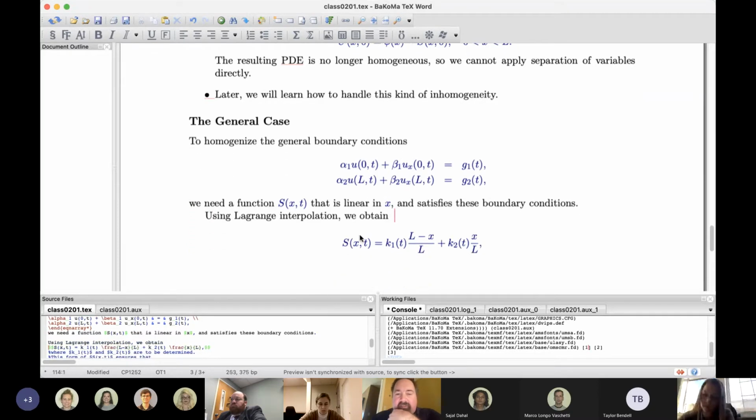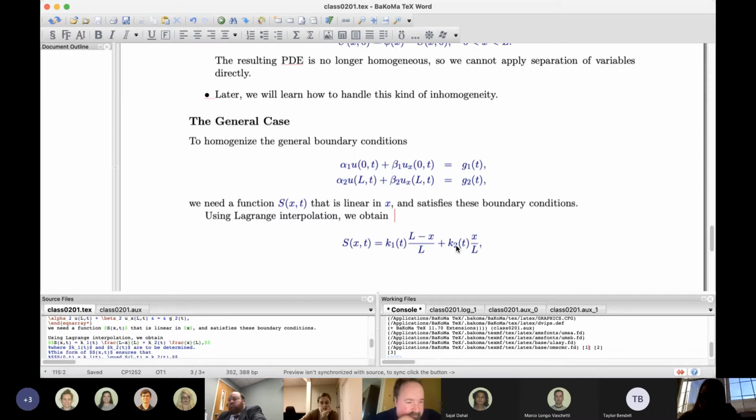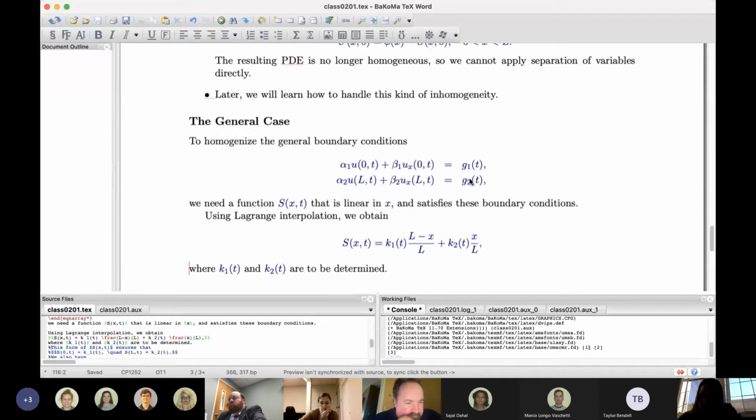So we still find a function that is linear in x that satisfies both of these. The idea is we have this Lagrange interpolation approach with functions k1 and k2. If I set x equals 0, this becomes k1. If I set x equals L, this becomes k2. And we need to figure out what k1 and k2 are in terms of g1 and g2.